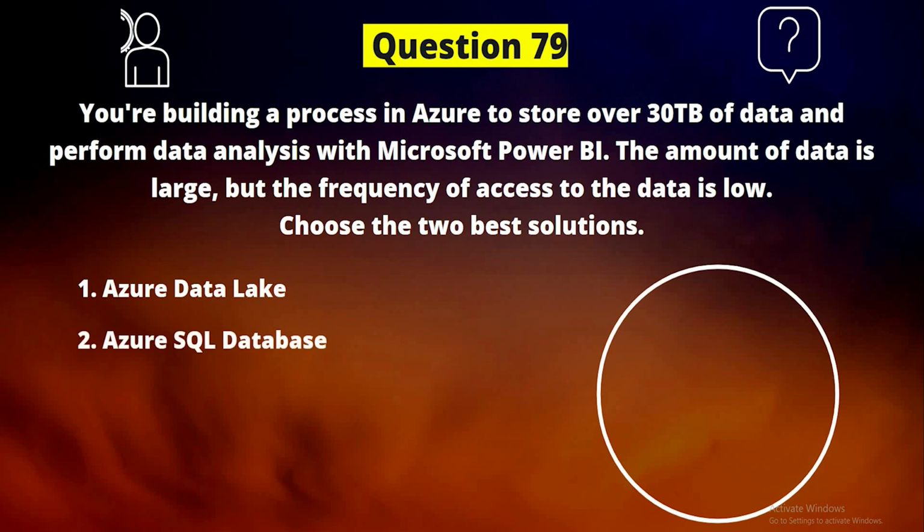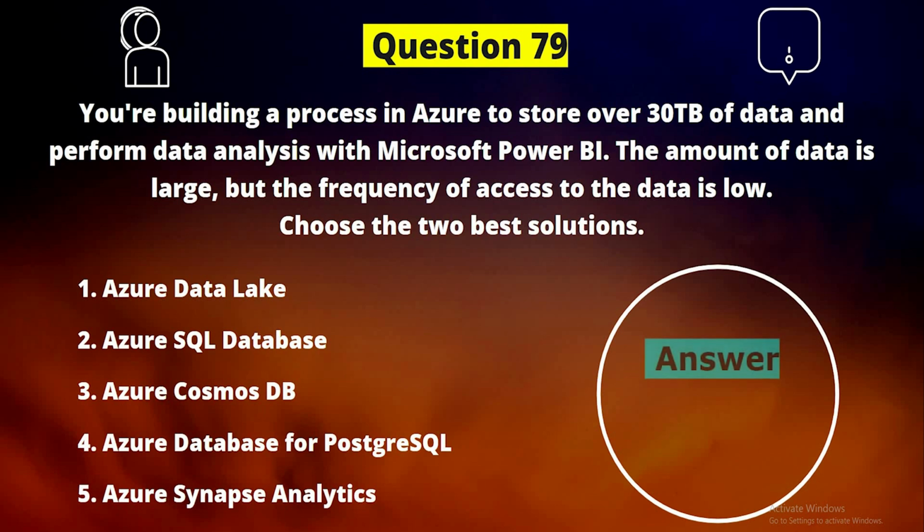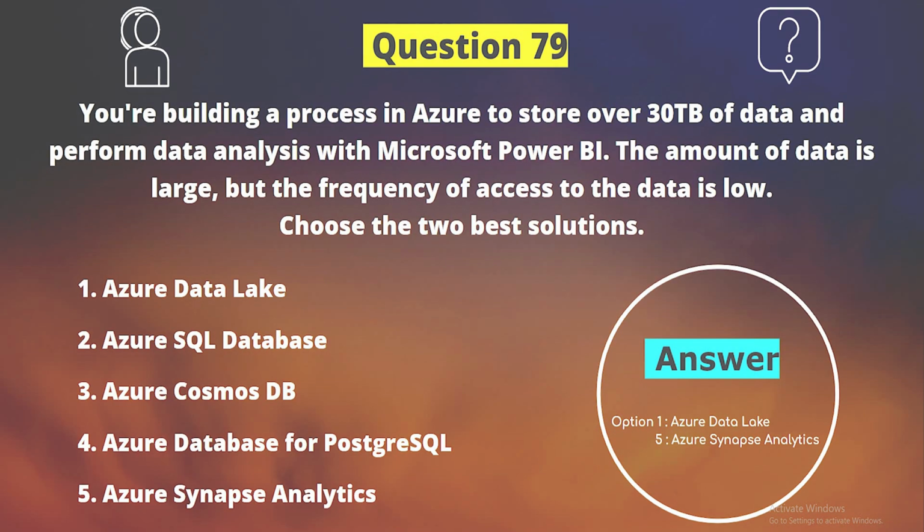Option 2, Azure SQL Database. Option 3, Azure Cosmos Database. Option 4, Azure Database for PostgreSQL. Option 5, Azure Synapse Analytics. And the correct answers are Option 1, Azure Data Lake, and Option 5, Azure Synapse Analytics.